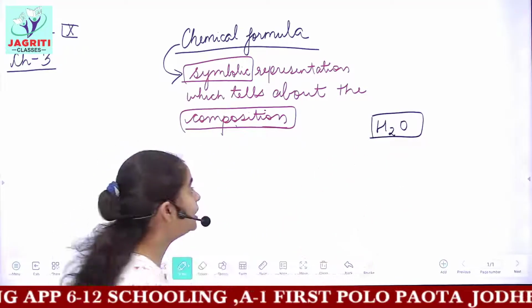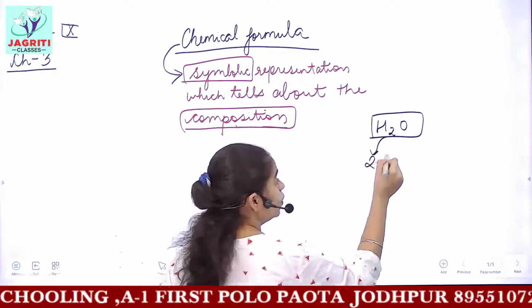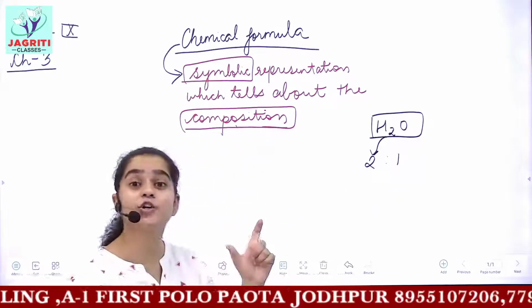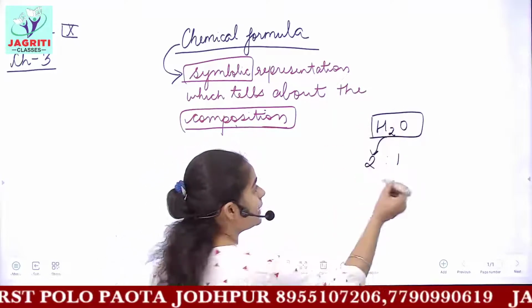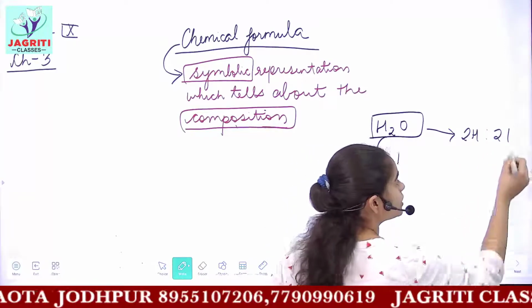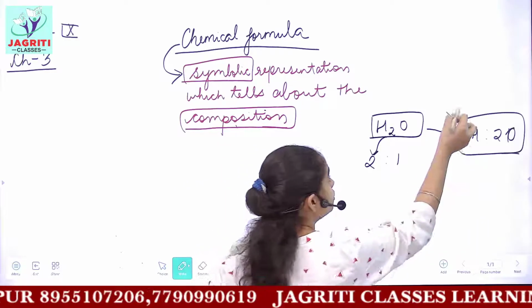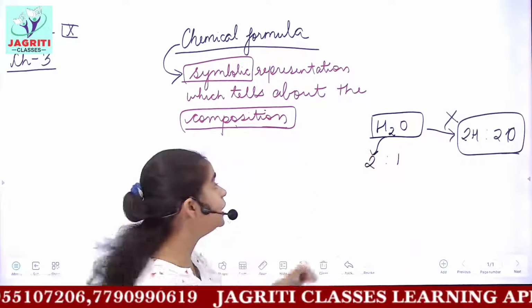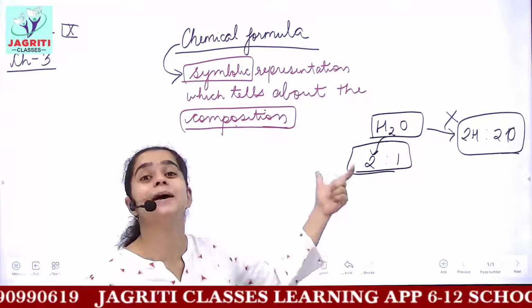We know that when two atoms of hydrogen combine with one atom of oxygen, we get H2O, that is water. If I combine two atoms of hydrogen with two atoms of oxygen, then the compound formed would not be water. So to form a definite compound, we need to have the fixed ratio of all the atoms which are combining together.